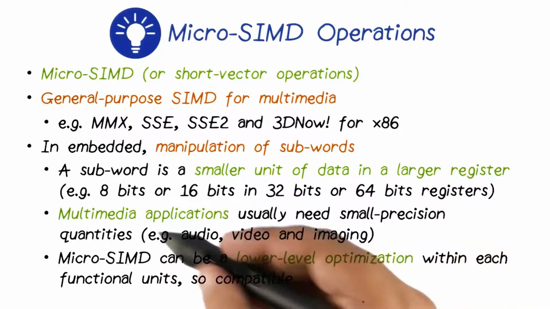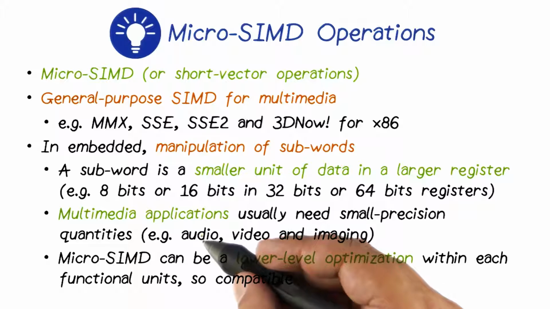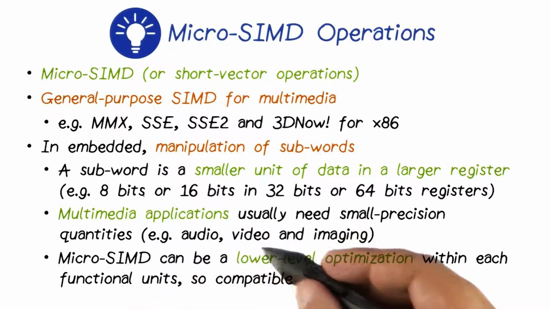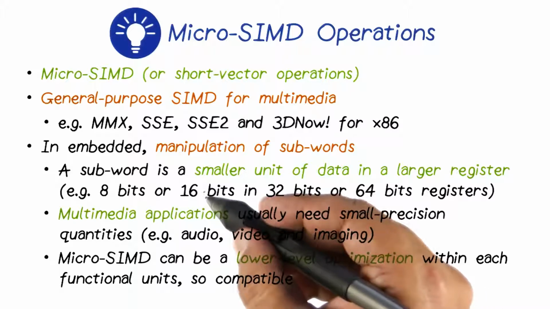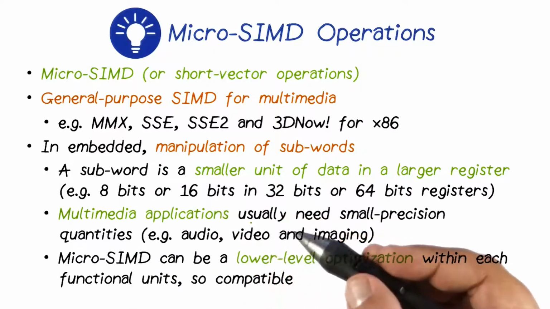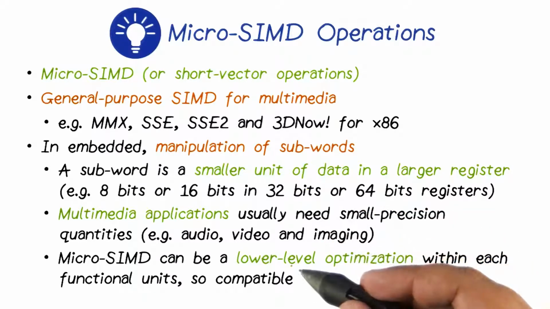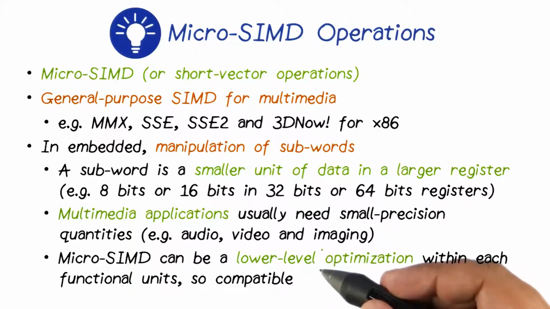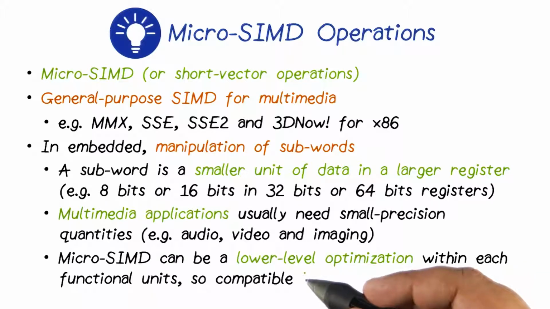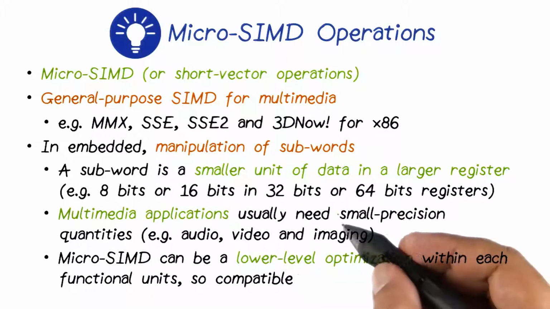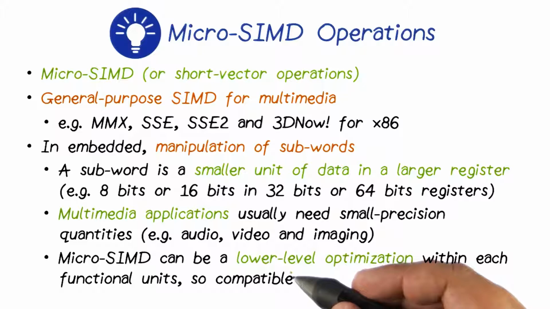For example, 8 bits would be sufficient to represent all possible values in, for example, audio, but they may not be enough for supporting video, in which case we have to go to 16 bits. For high resolution images, maybe we'll have to do 32 bits and so on. What micro SIMD facilitates is what is called a lower level optimization, so that we are able to do data compaction and we are also able to speed up processing.